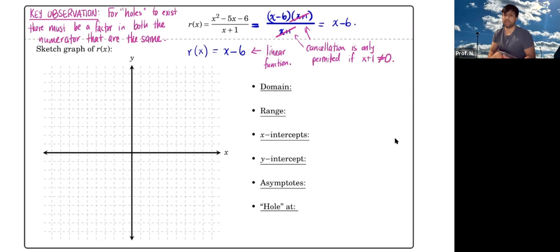So it can't equal 0. X plus 1 cannot equal 0. It could be anything else. So the problem is when x equals negative 1. That's the problem. So we can only say that the rational function is equal to x minus 6 when x does not equal negative 1.